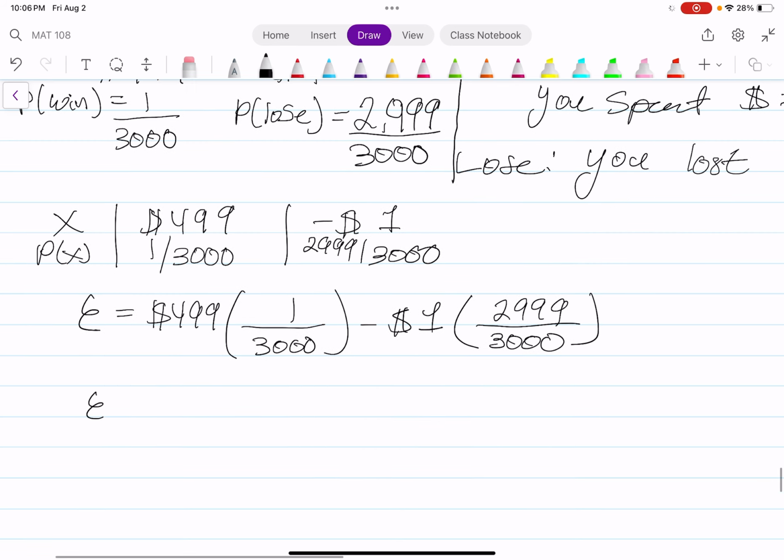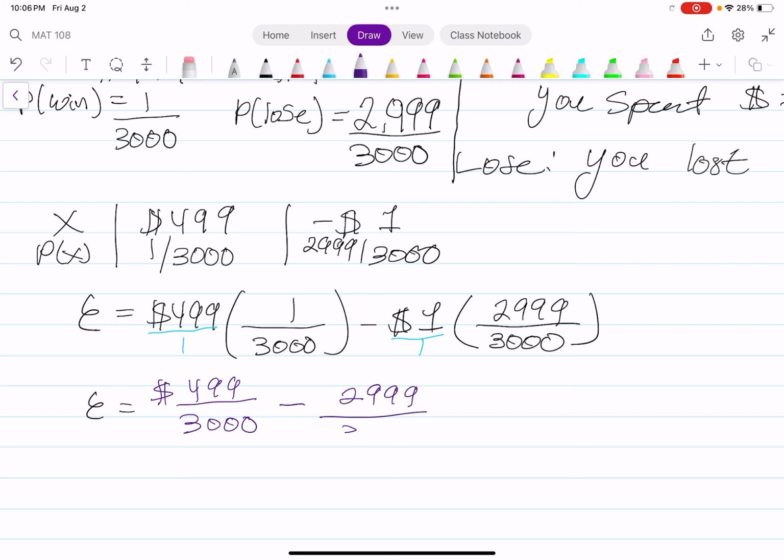Let's multiply those together. Every whole number has a denominator of 1, and we multiply fractions straight across. So that's 499 over 3,000 minus 2,999 over 3,000.